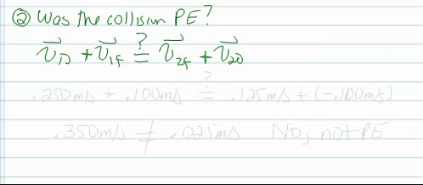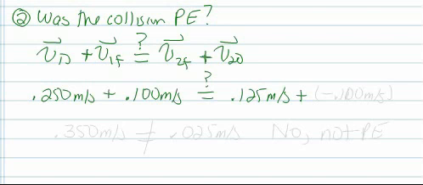V1 initial, so we have 0.250 meters per second, plus V1 final, which we found as 0.100 meter per second. Is it equal to V2 final, which was given as 0.125 meters per second, plus V2 initial, which was negative 0.100 meter per second?